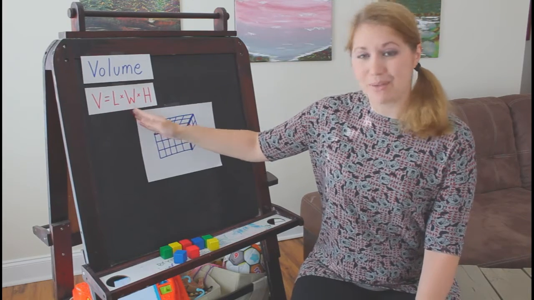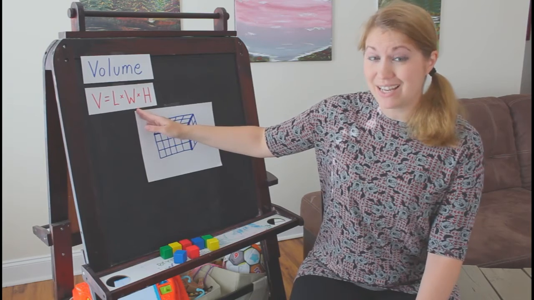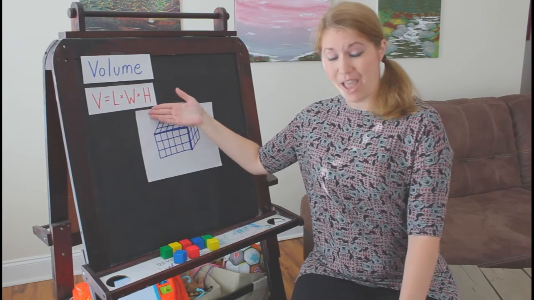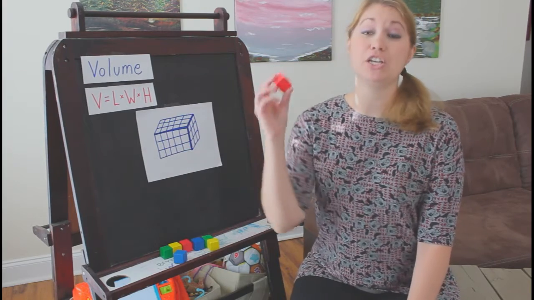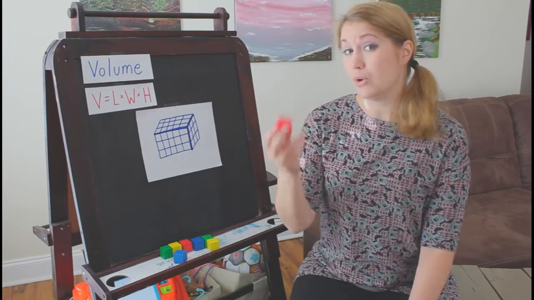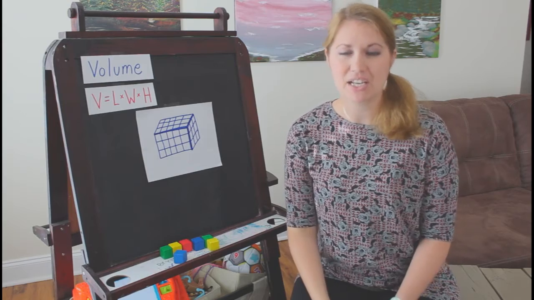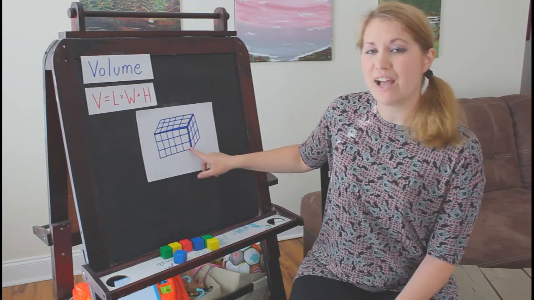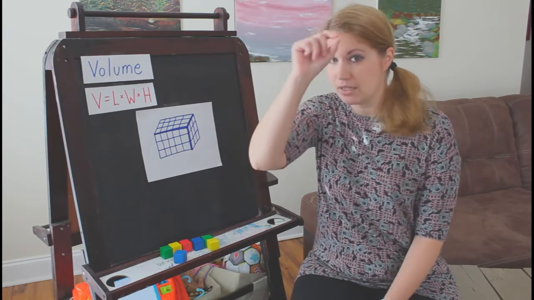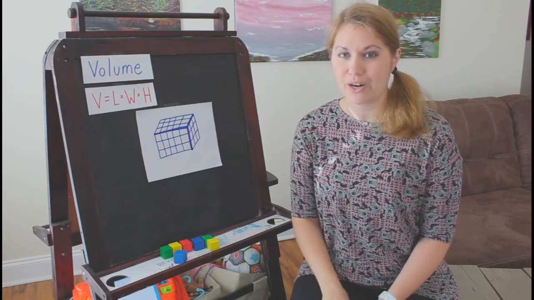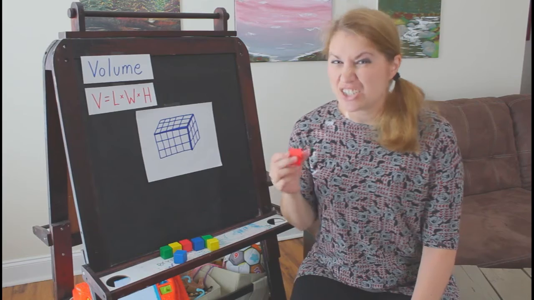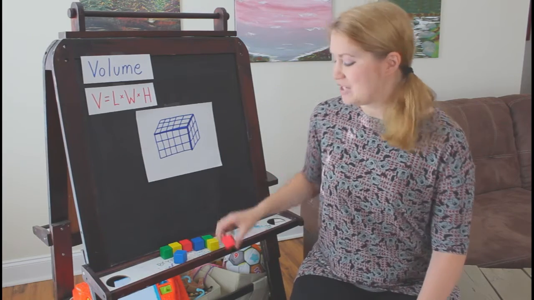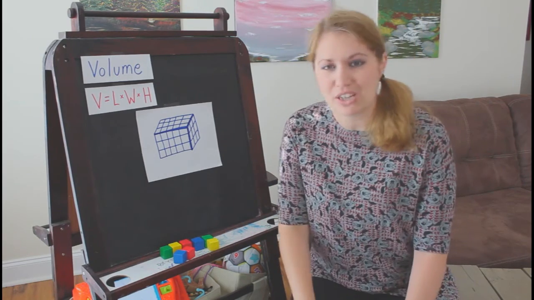So 5 times 3, we have 15. Times 3, we have 45. So 45 units cubed. Now, in your book, this one's in centimeters. So this one should be 45 centimeters with that little 3 up in the air for it. Centimeters cubed.